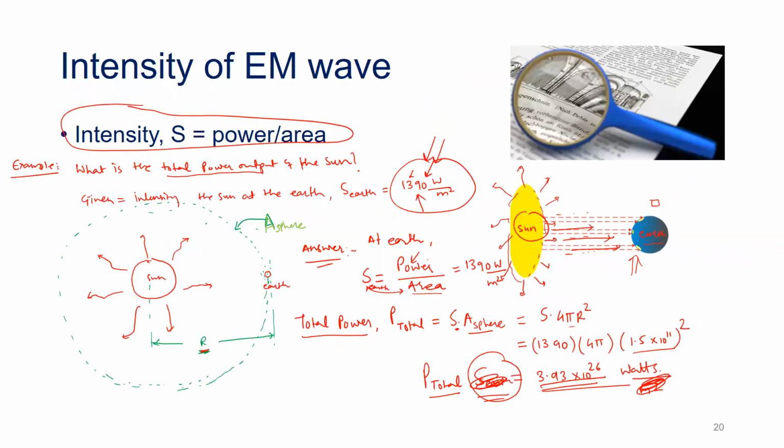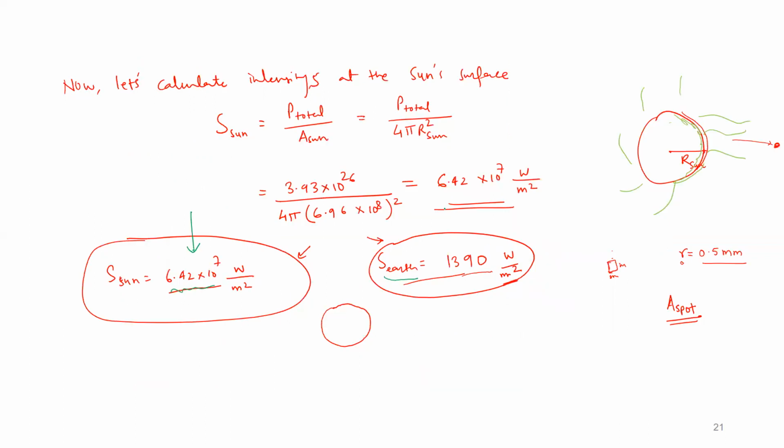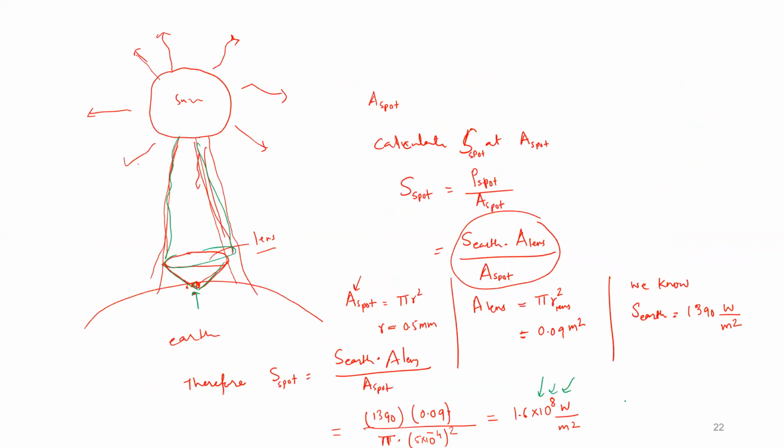The intensity of the sun at the earth's surface is very small, 1390 watt per meter squared. But if we hold a magnifying glass, look, compare this number. It is several orders higher if we pass those rays through the magnifying glass.